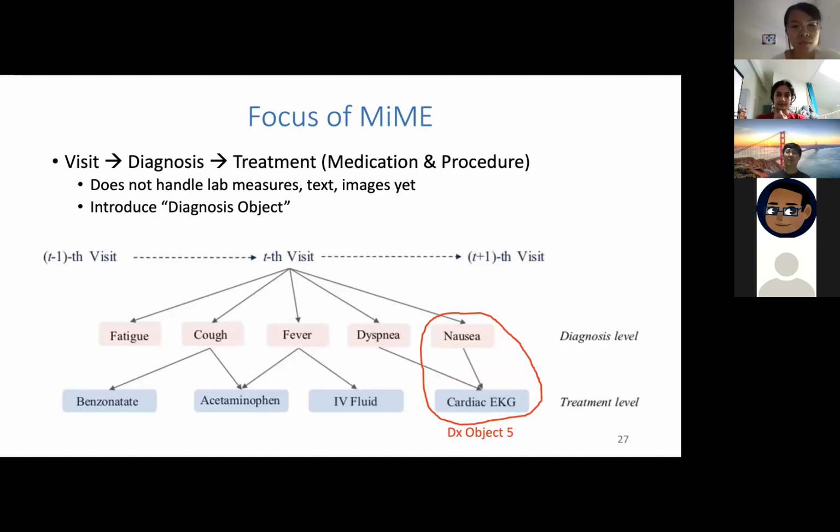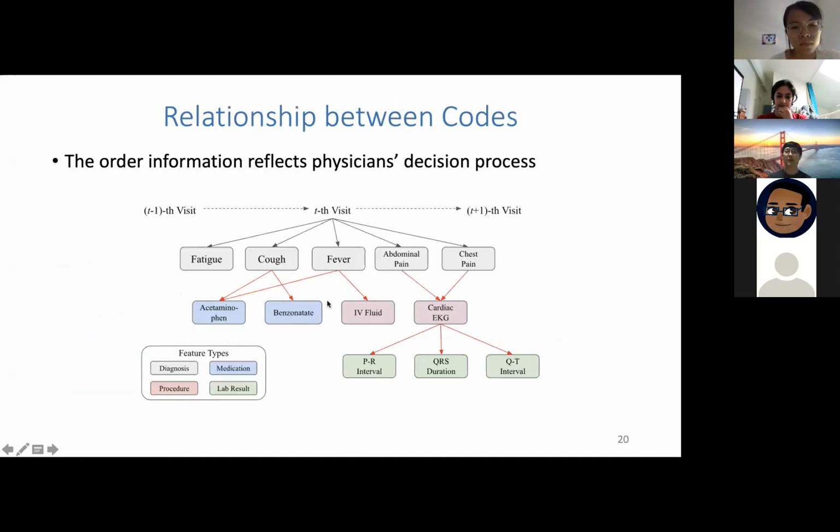When I was working on this project, these red edges were already there in the data set, which was very fortunate for me. The data set consists of a medication order table, a procedure order table, and a lab order table. They had a column named reason, which is where you write which diagnosis code led to making this order.